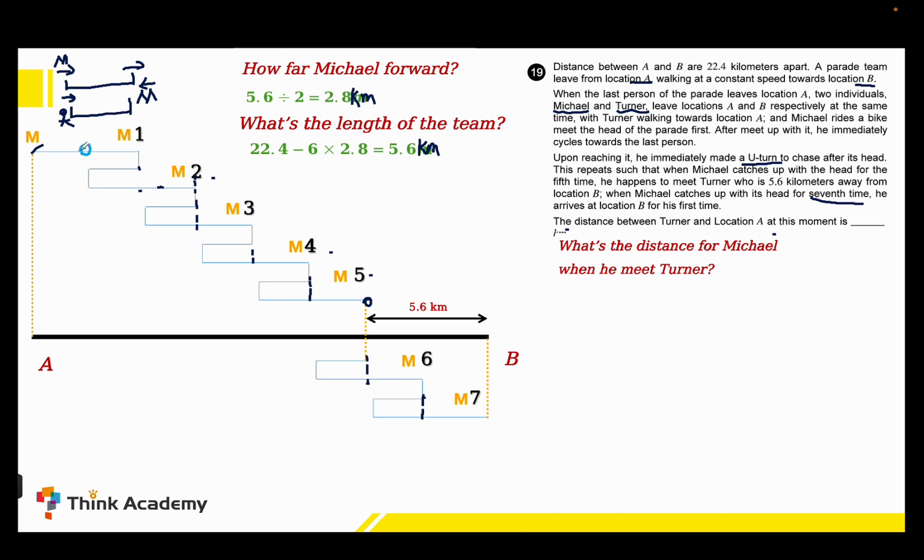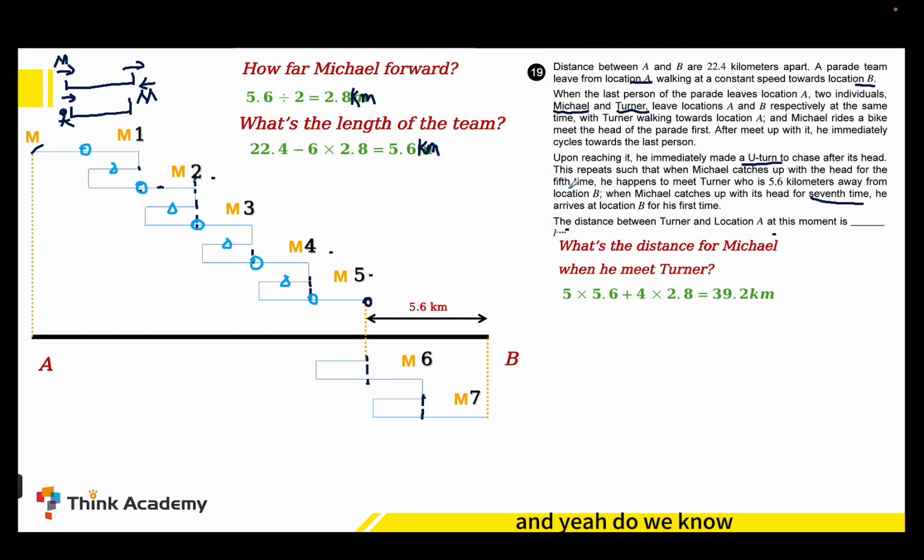So 1 5.6, 2 5.6, 3 5.6, 4 5.6, and 5 5.6, and 1 2.8, 2 2.8, 3 2.8, and 4 2.8. So the total distance is 5 times 5.6 plus 4 times 2.8. So in total, it will be 39.2 kilometers.